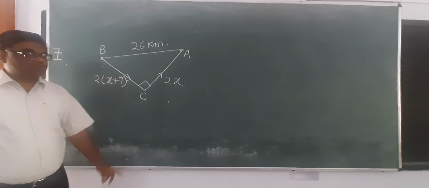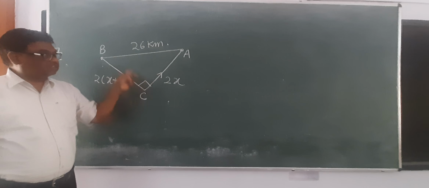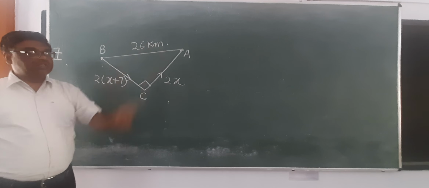By Pythagoras theorem, this square plus this square equals to this square.